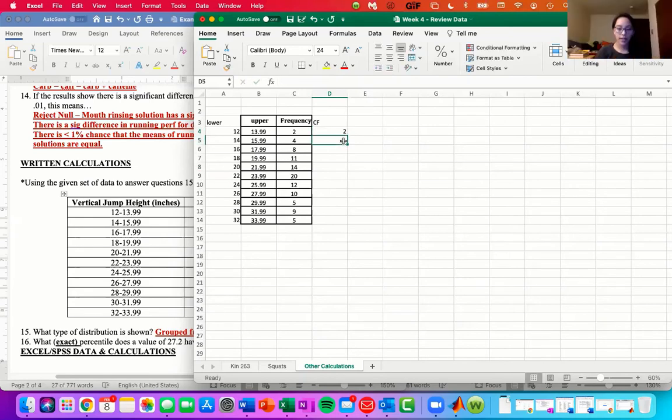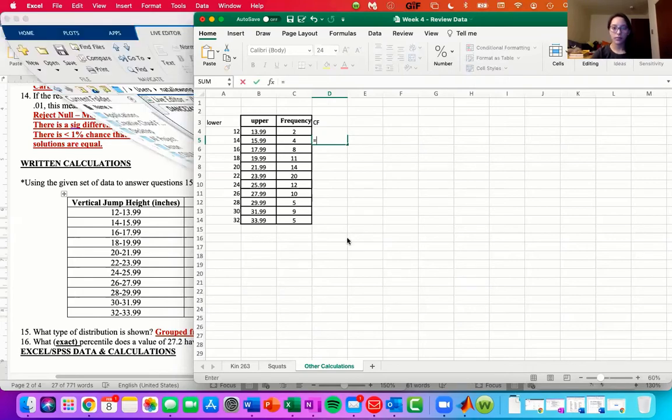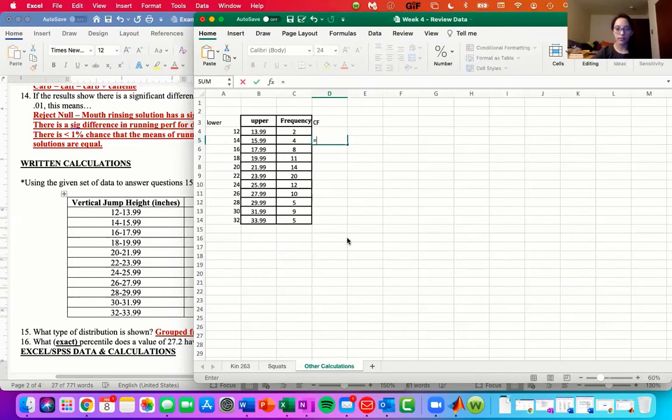And then underneath that, the way we calculate the rest of the way down the distribution is we say equals the cumulative frequency that exists in the cell above, right? So that's where 2 was, so D4, plus the frequency of the group we're adding on.